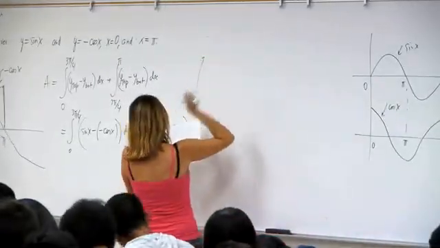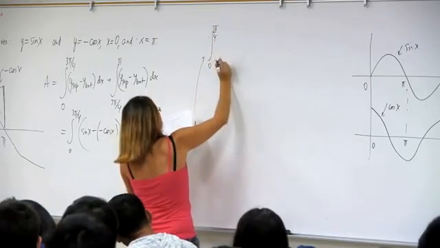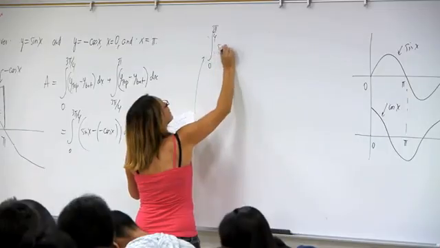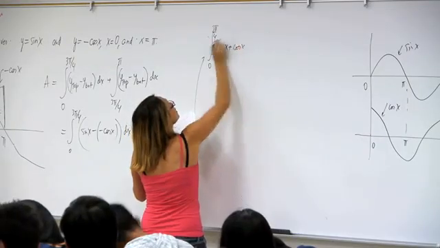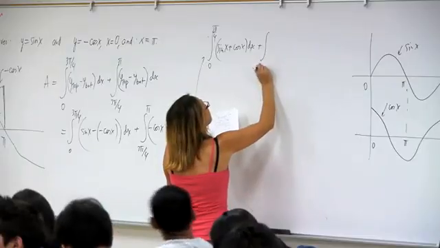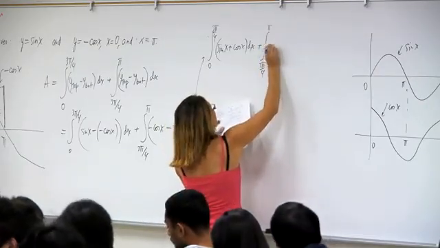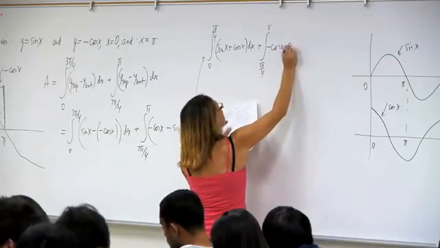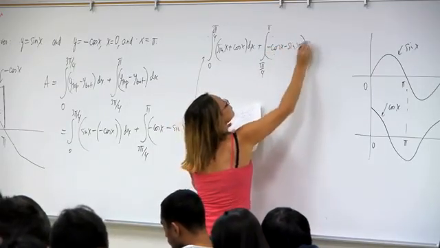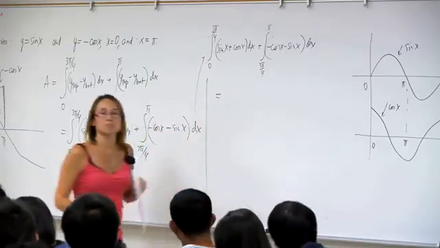So let me continue here. So I have sine x plus cos x dx minus cos x minus sine x. And from here on, it's easy.